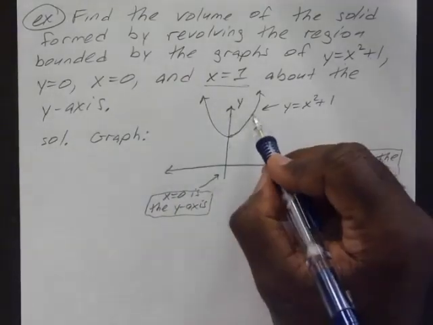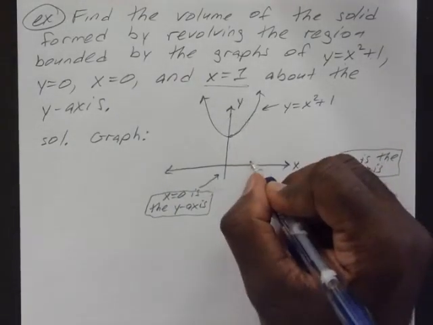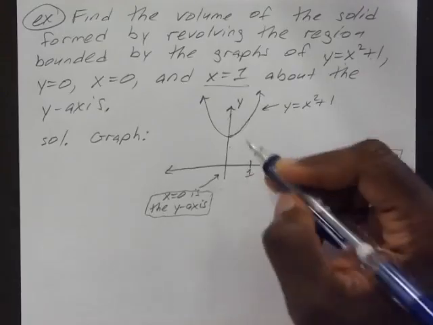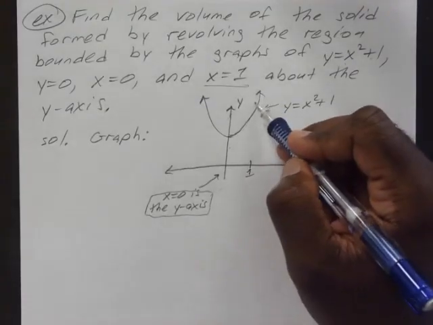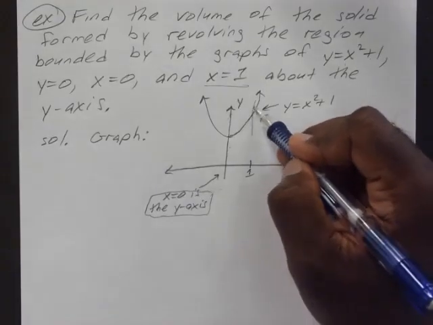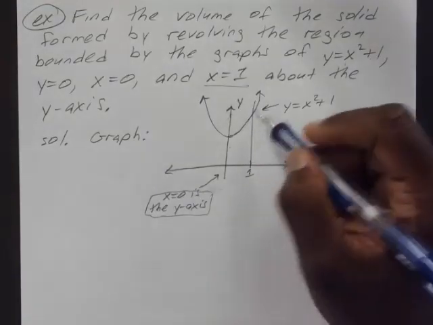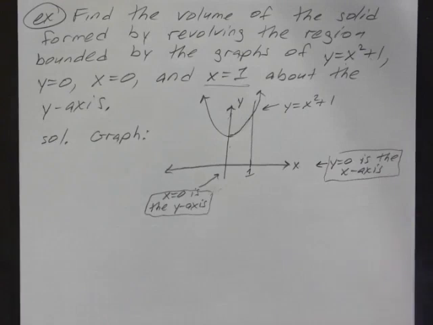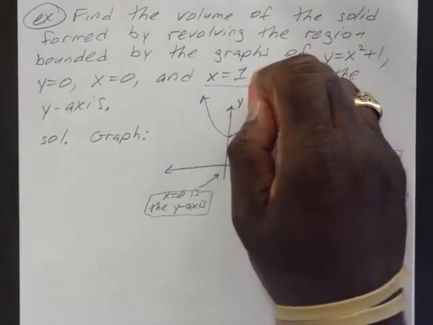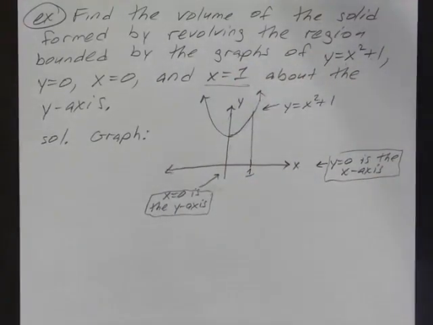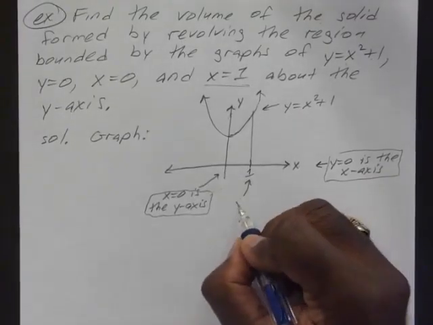That's just a vertical line through 1. So if 1 is right here, x equals 1 is just that vertical line right there. And we can actually stop it at the graph. Here we go. And this is our x is equal to 1.